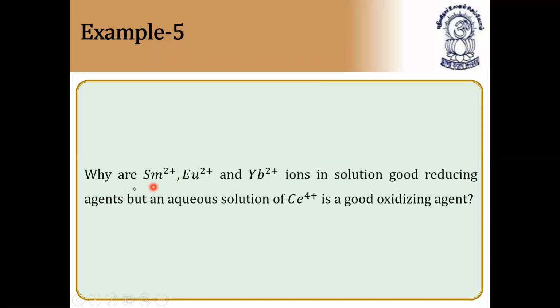Next, why are samarium plus 2, europium plus 2, ytterbium plus 2 ions in solution good reducing agents, but in aqueous solution, Ce plus 4 is a good oxidizing agent?